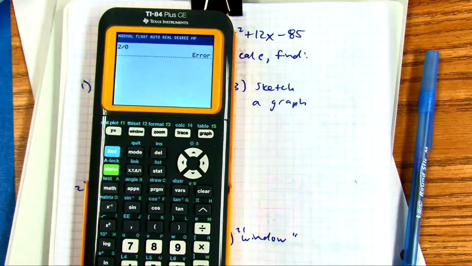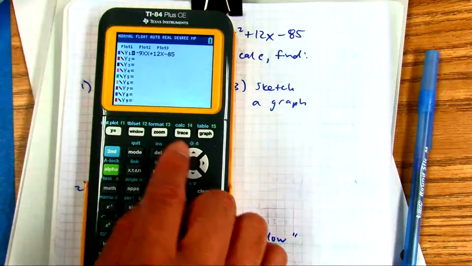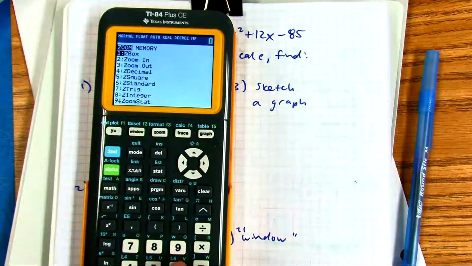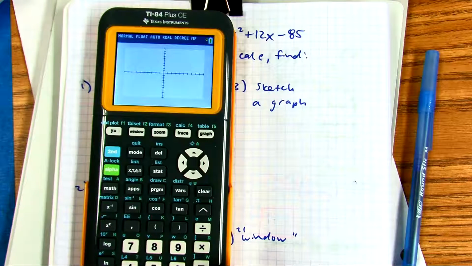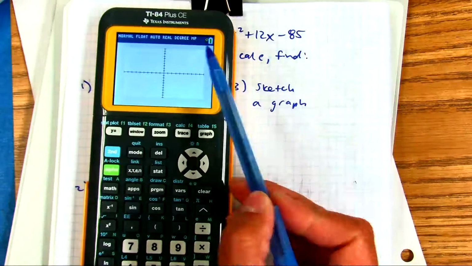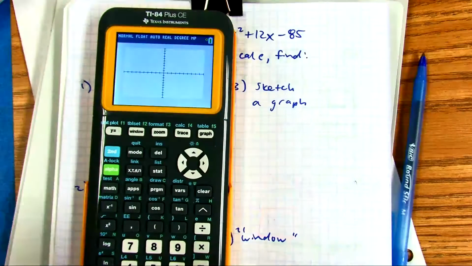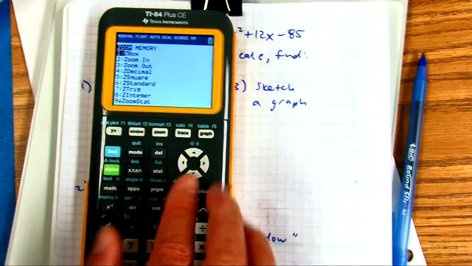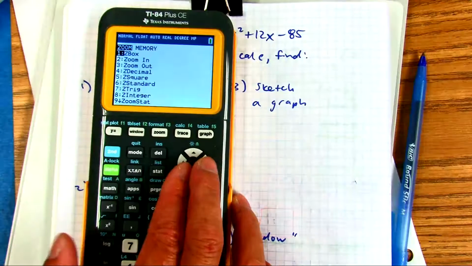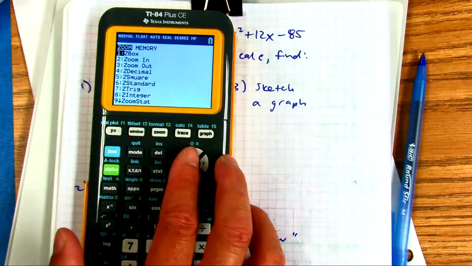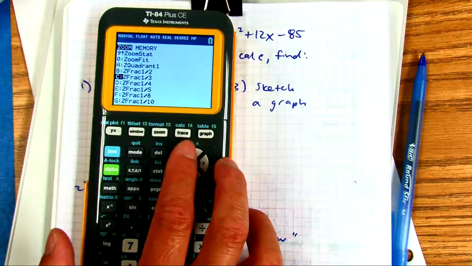Y equals, let's go back to zoom 6. It's still thinking. See it? So this is bad, right? I can't see anything.